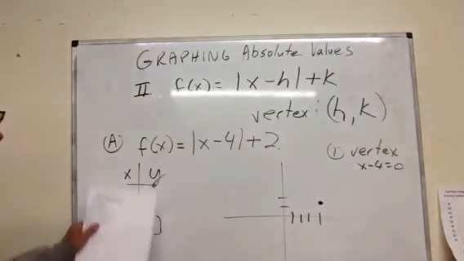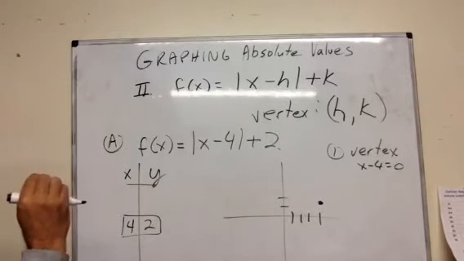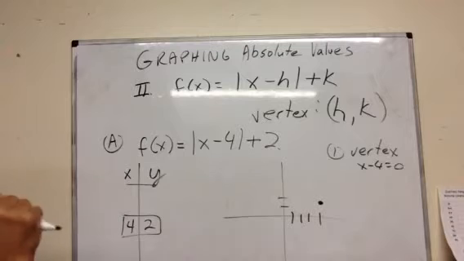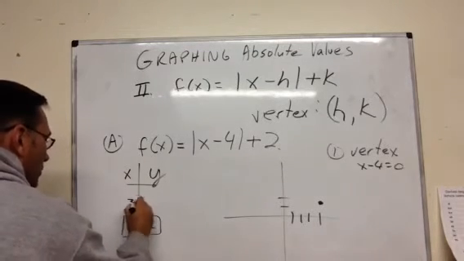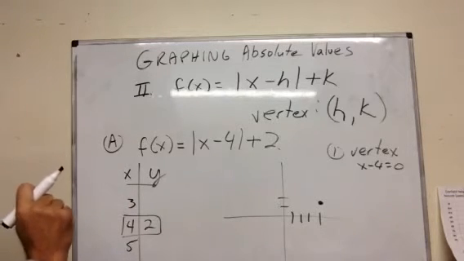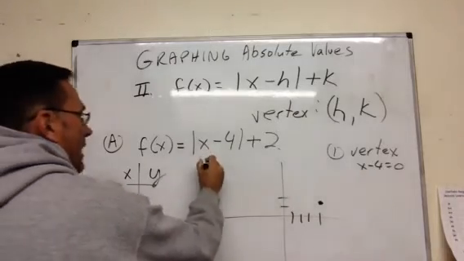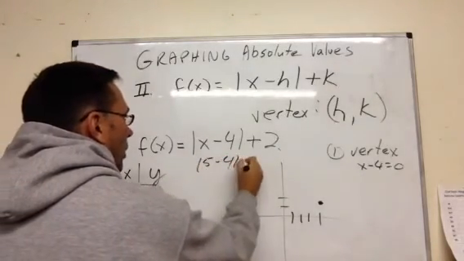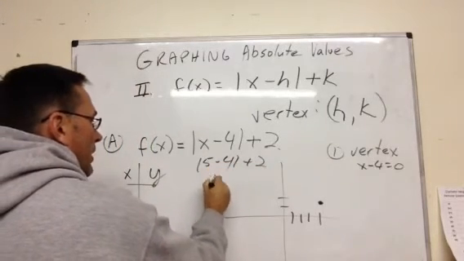Now, I want to make an xy chart, but I want to be smart about this. I want to pick points right now 1 unit away to make it easy. So 1 unit bigger than 4 is 5. 1 unit smaller is 3. Now remember that symmetry. If I plug 5 in here, 5 minus 4, and the absolute value is 1.